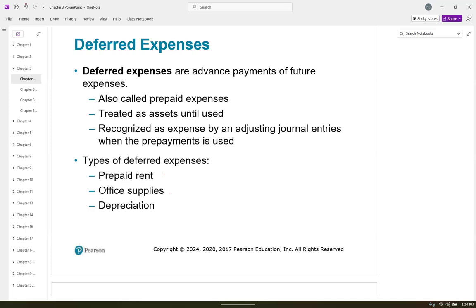We did a prepaid insurance example in the previous video. That example is just this category it fits into. So it could be prepaid rent or insurance, and they're treated exactly the same.